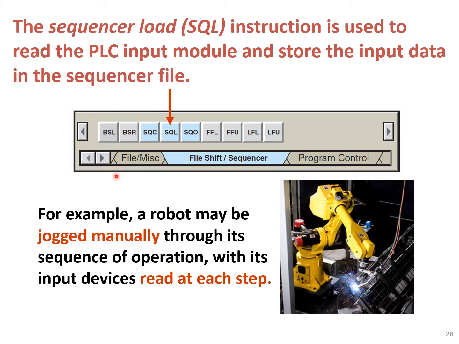For example, a robot may be jogged manually through its sequence of operation with its input device read at each step. Let's say the operator wants to jog the robot manually, and on each step we want to read the data and create the sequence file. Later, the robot could go through that sequence file and do the operation automatically.